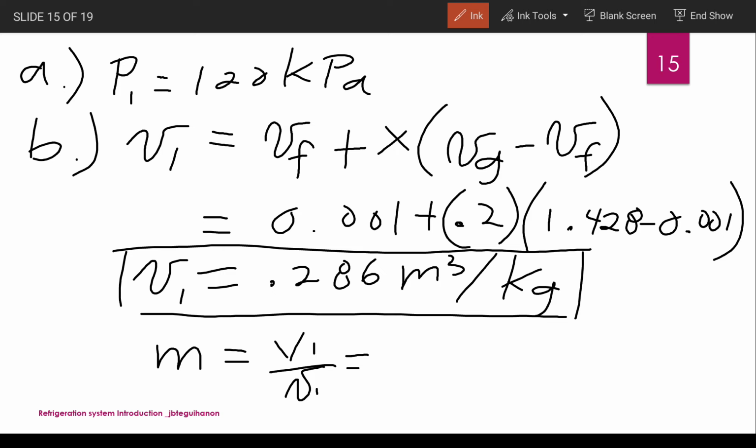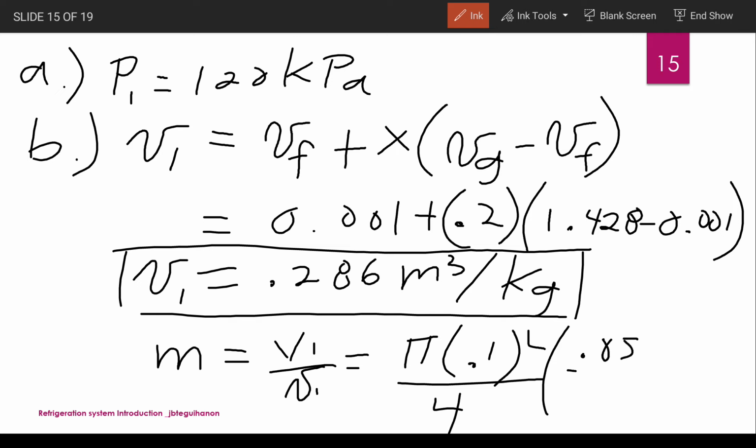The volume is equal to pi times the area of the cylinder, 0.1 squared over 4, times 0.05, over 0.286, and you have 0.00137, and that is in kilograms.